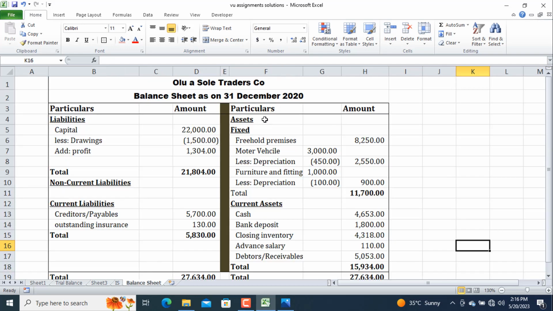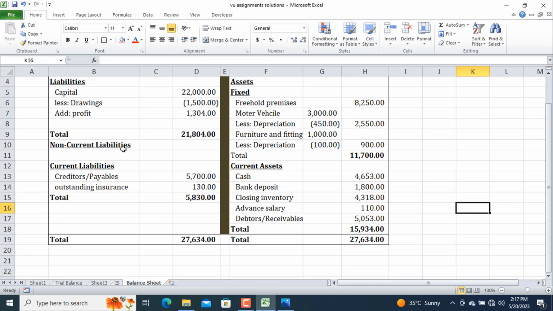Here is the balance sheet as on 31st December 2022. Capital 22,000, drawings is less. Add profit 1304, and total is 21,804. Non-current liabilities: there is no long-term liabilities component in the trial balance or in the adjustment entries or additional information.